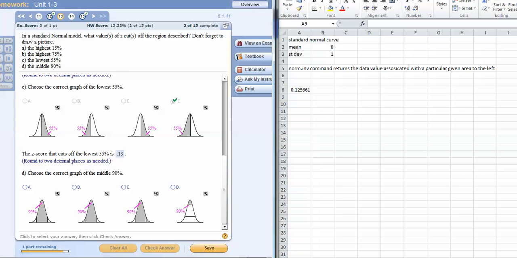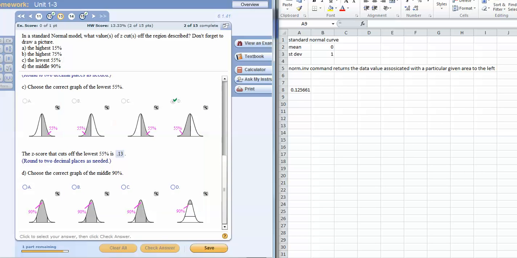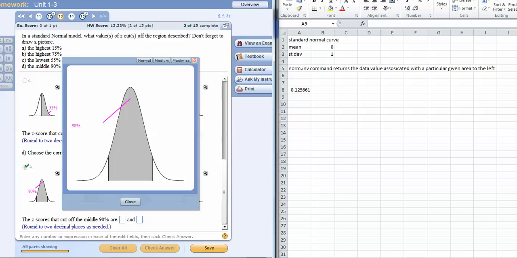Choose the graph of the middle 90%. Okay, the middle 90% is probably A. Yeah, on either side we've got tails, so that's your middle 90%, choice A. All right, and now to find the cutoff values in the middle 90%, the Z-scores are going to be the positive and negative of the same number.